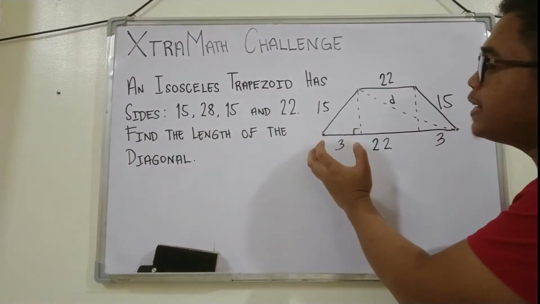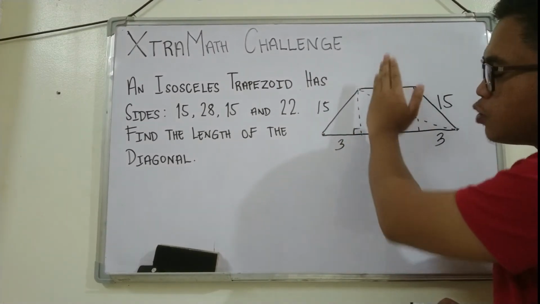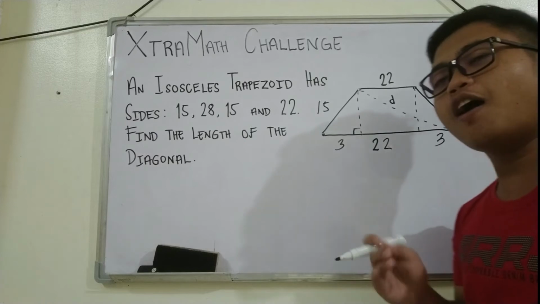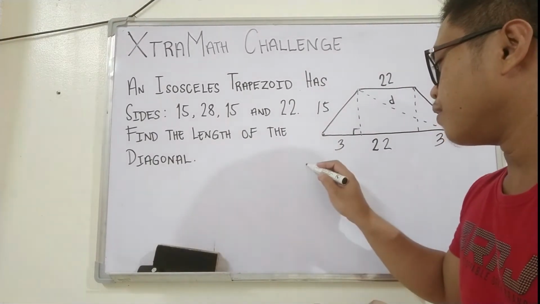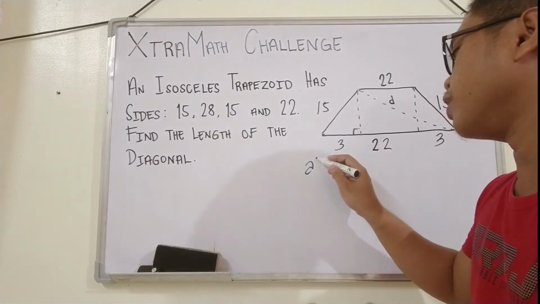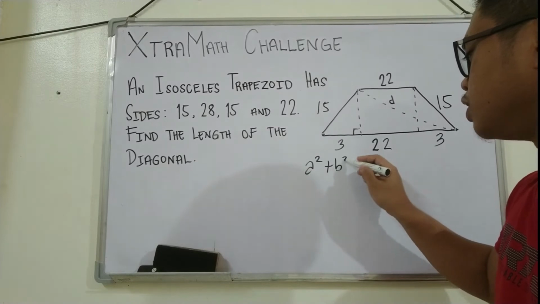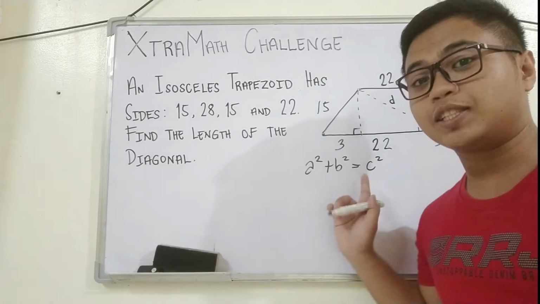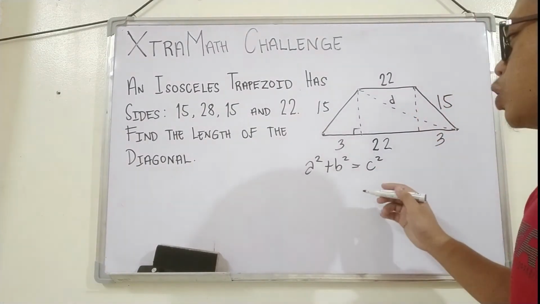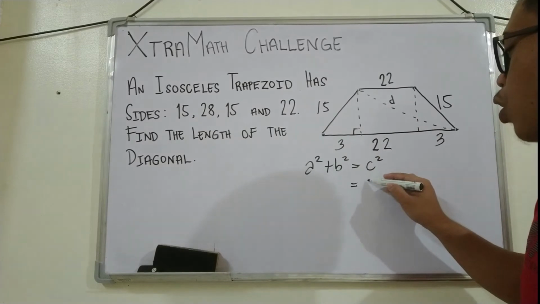And to find the height of this right triangle, we are going to use the Pythagorean theorem. a squared plus b squared is equal to c squared, wherein a and b are the legs and c is the hypotenuse. Now, in this case, 15 is our hypotenuse.